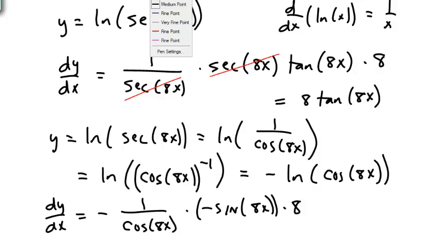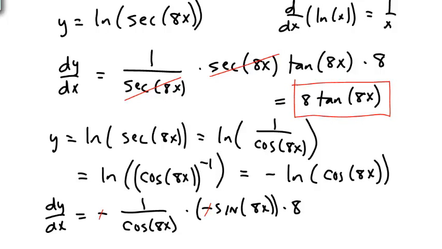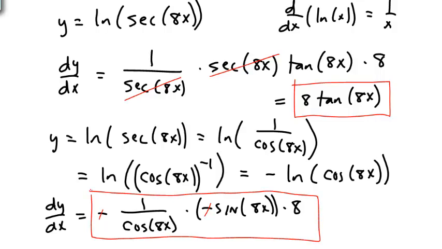And if you look, these negatives are going to cancel out, and sine over cosine is tangent. And that's why you get 8 tangent of 8x, or 8 sine of 8x over cosine of 8x, which is tangent of 8x.